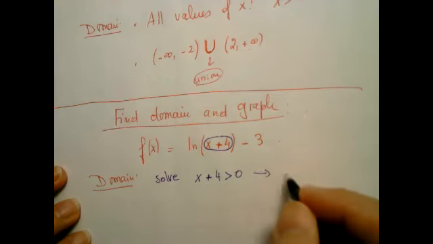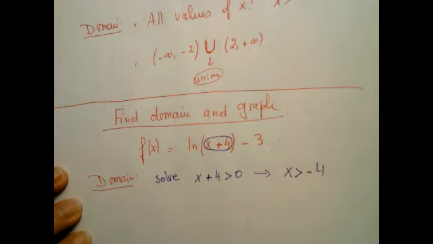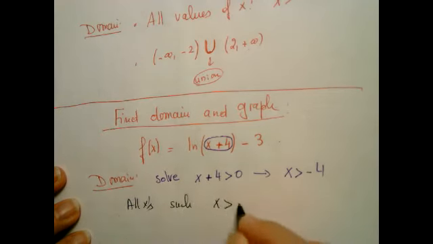It means x is strictly bigger than -4. So my domain is all x's such that x larger than -4, or in interval notation, -4 to plus infinity.